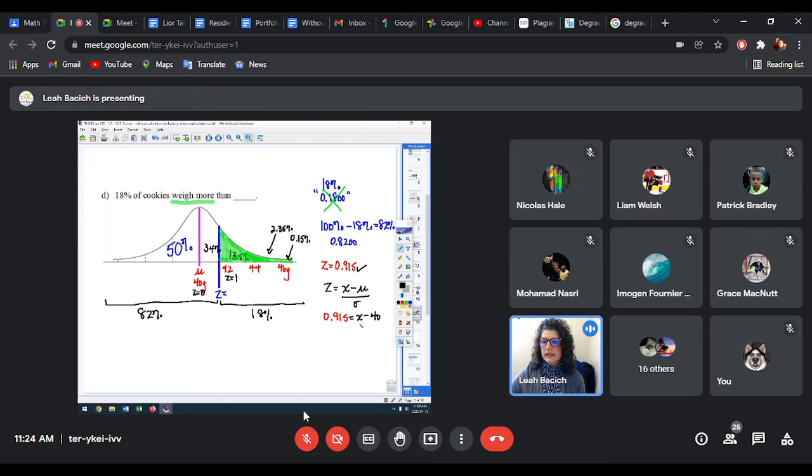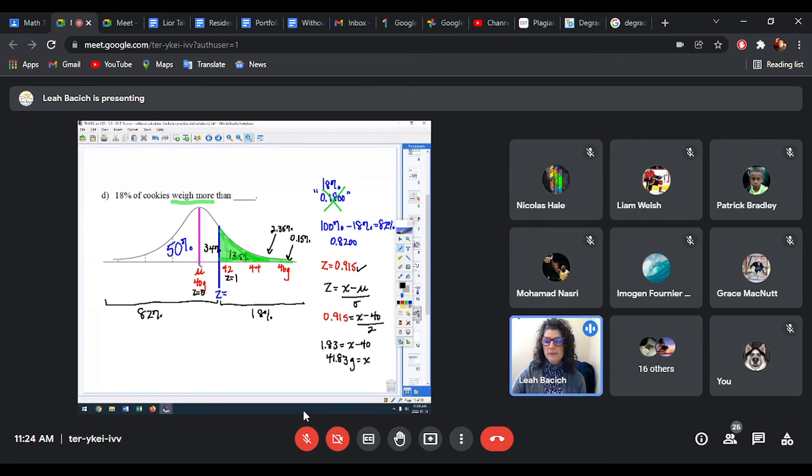The mean is 40 and the standard deviation is 2. I get 1.83 is equal to X minus 40. I went through how to solve this yesterday, and I end up with 41.83 grams is equal to X.